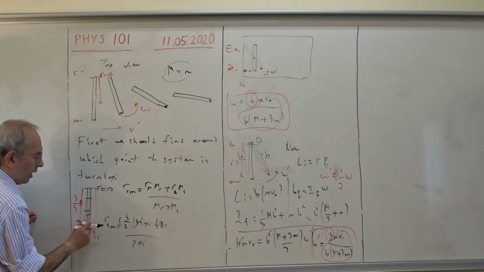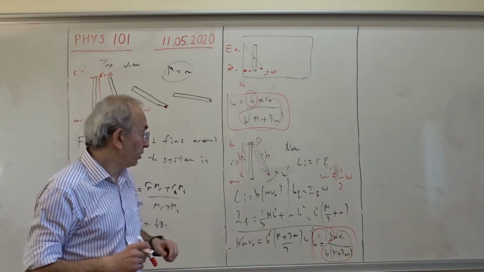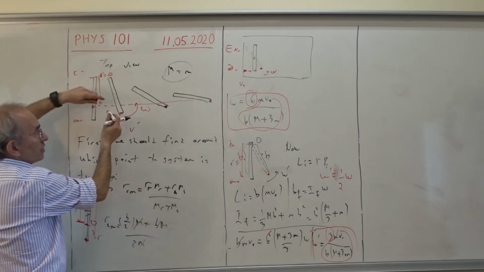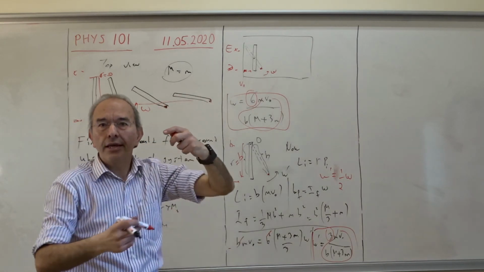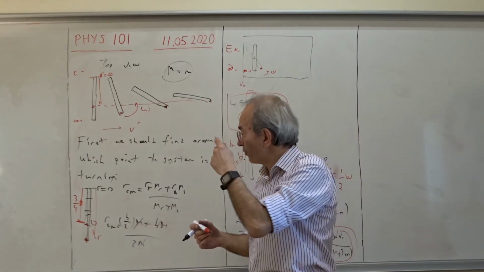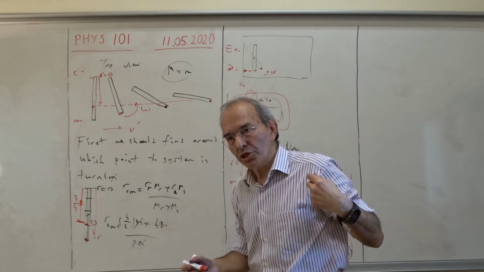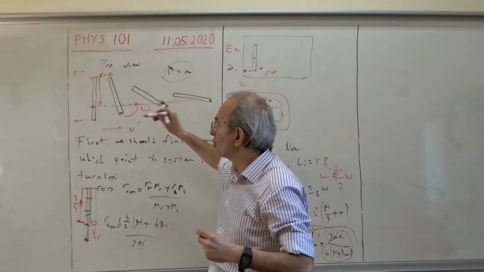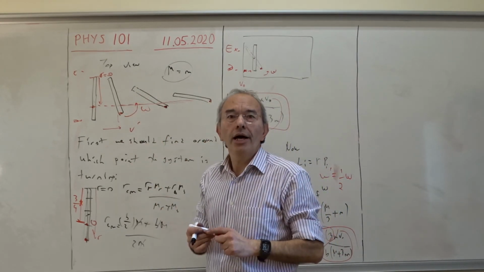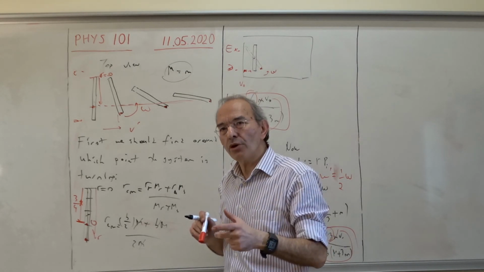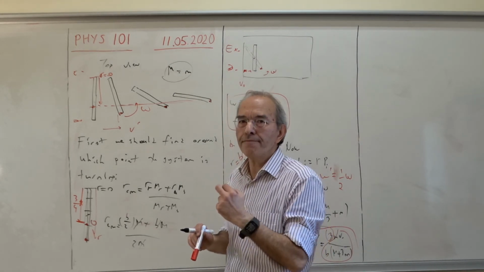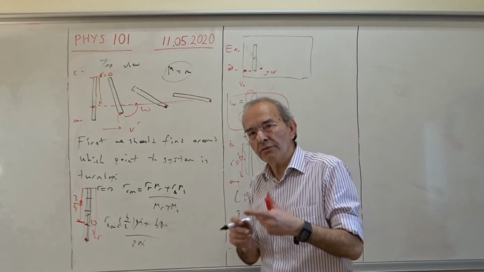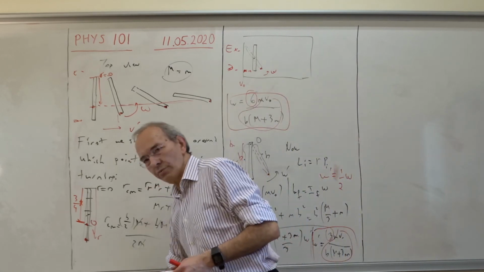So this is the new point O. The system will turn around the 3 quarters b position. This center of mass is still the center of mass during the whole motion, moving on the same line. So the inertia will be calculated with respect to that point.